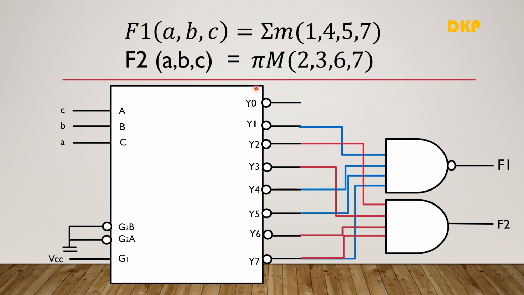And also you have to give the inputs here, A, B and C. F1 of ABC, ABC represents input. Give the inputs A, B and C. You will get the output F1 and F2. So this is the implementation of these expressions using 74138 and gates.